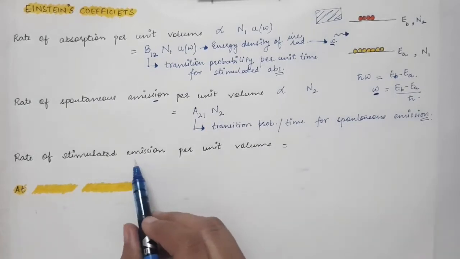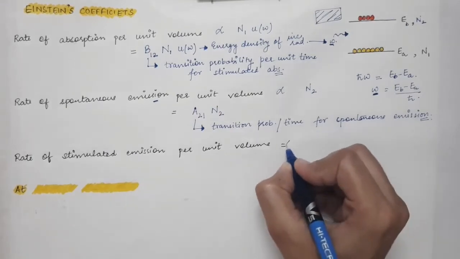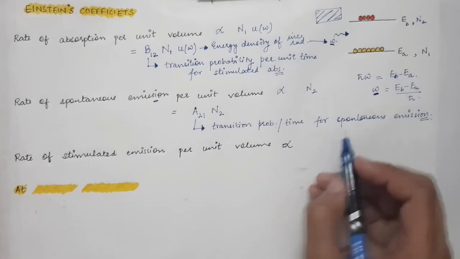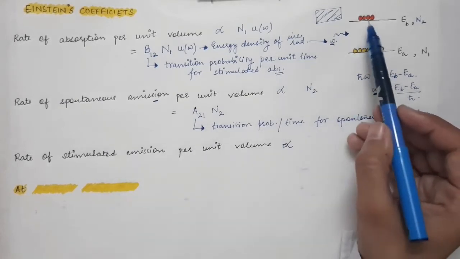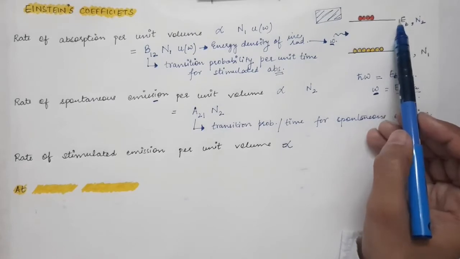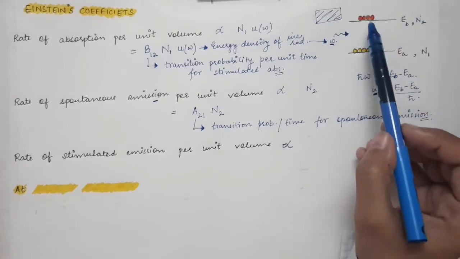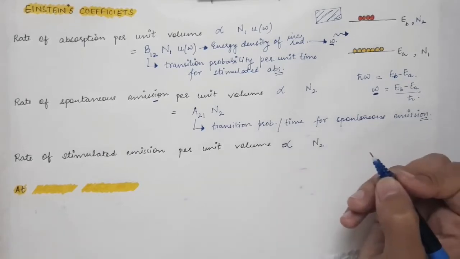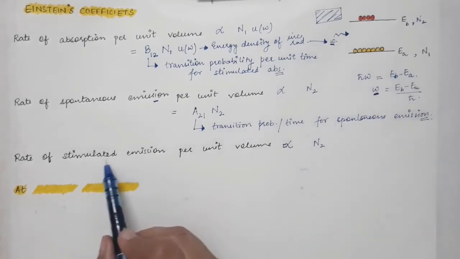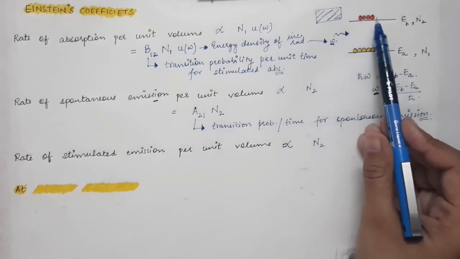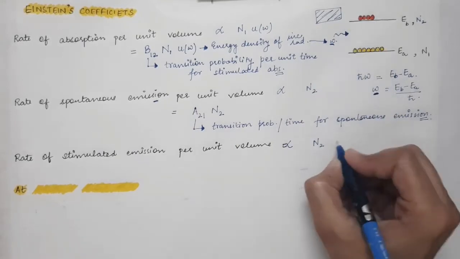So next is the rate of stimulated emission per unit volume. It will be directly proportional to the number of atoms in the excited state, because stimulated emission occurs from the upper level to the lower level. The more atoms present in the excited level, the more will be the rate of stimulated emission. So it is directly proportional to N2, and as in the case of stimulated emission there is interaction of photon with the atom, it will depend upon U of omega.